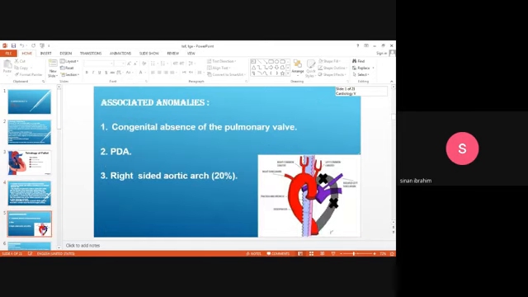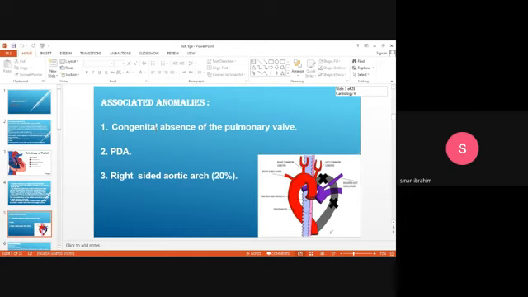What are the associated anomalies with tetralogy of Fallot? Every disease will have associated anomalies. The first is congenital absence of the pulmonary valve. Sometimes the books refer to it as another entity of tetralogy of Fallot, which we call absent pulmonary valve, so there is no pulmonary valve.